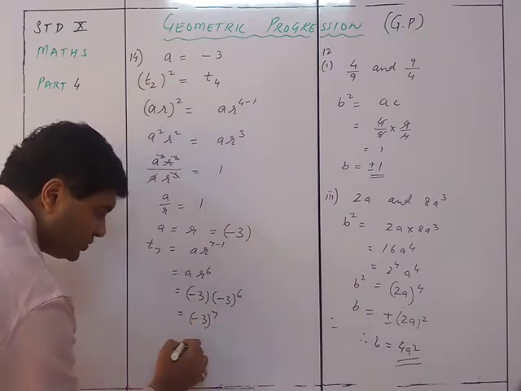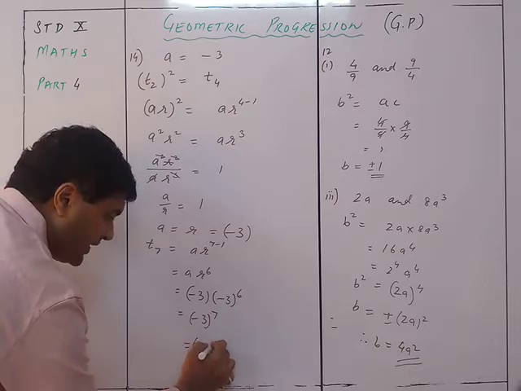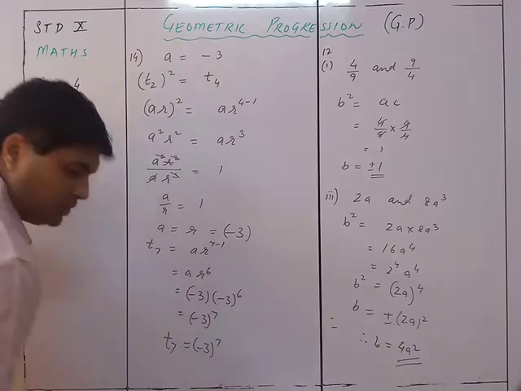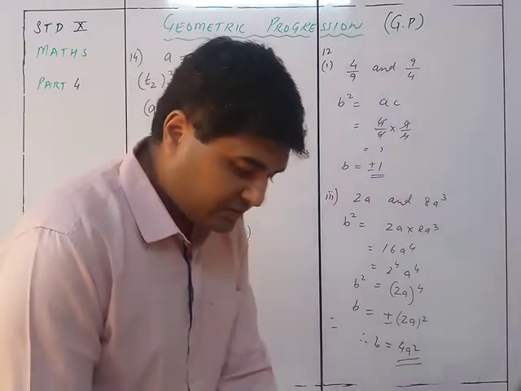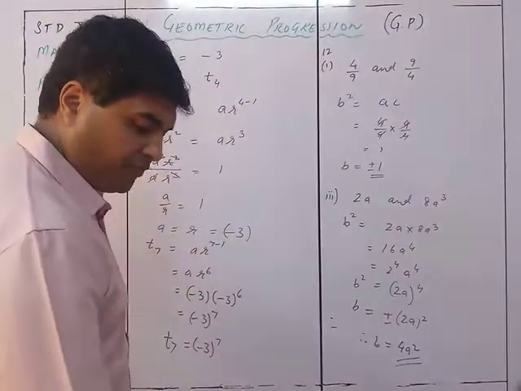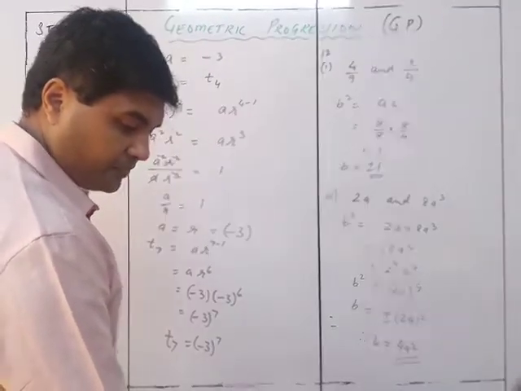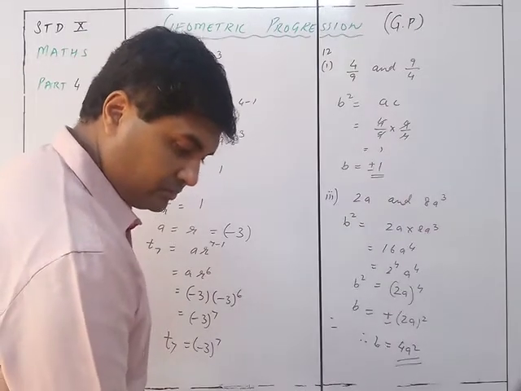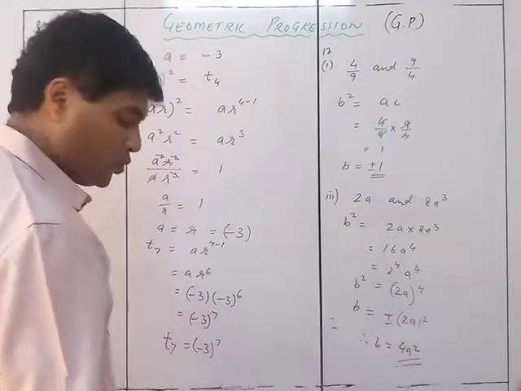Now because it is minus, it will be minus 3 raised to 7 as the final answer. So T7, that is sum number 14, is minus 2187.